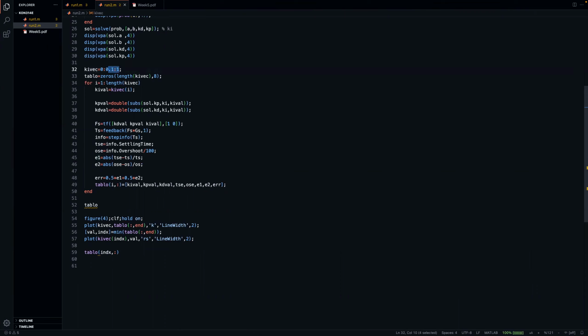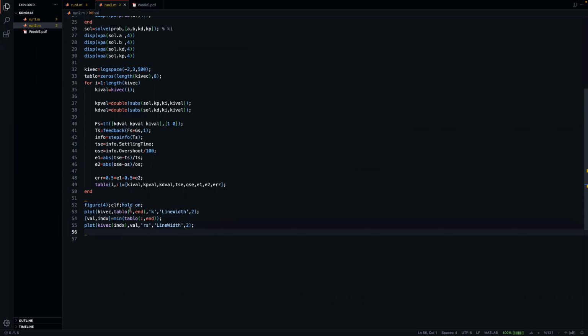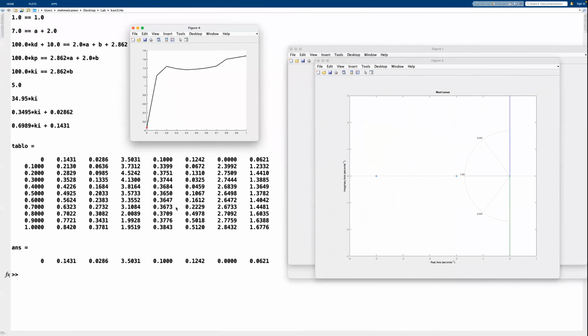So therefore, we can use log space, logarithmic spacing. We could start with -2, so 10 to the power of -2, which is quite small, and 10 to the power of 3, maybe 500 different values. And I don't really want to show this whole thing here, and maybe also not the row. I'm just going to look up the shape here.